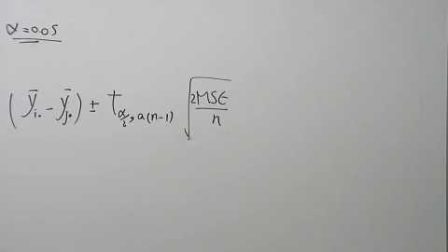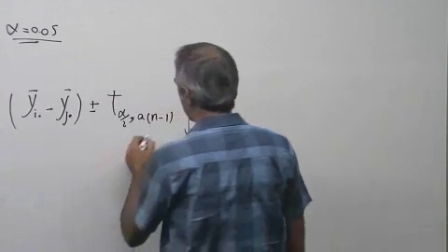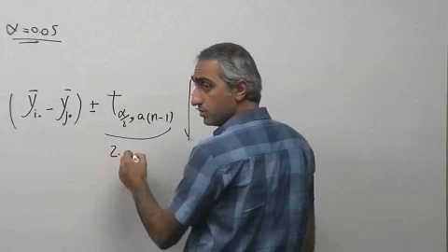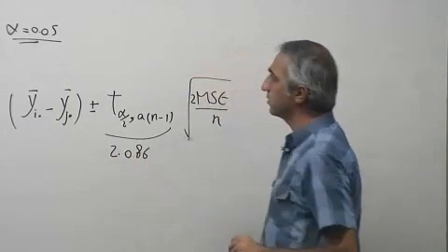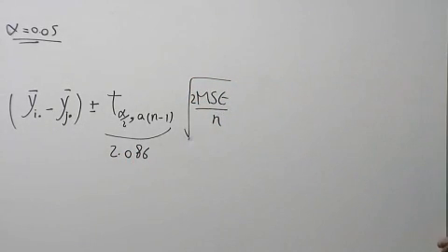Can I cheat a little bit? Do you have the notes for two populations? Just want to find it. So here is the T distribution for 0.025 and 20 degrees of freedom. What is it? 2.086. Okay. Thank you.